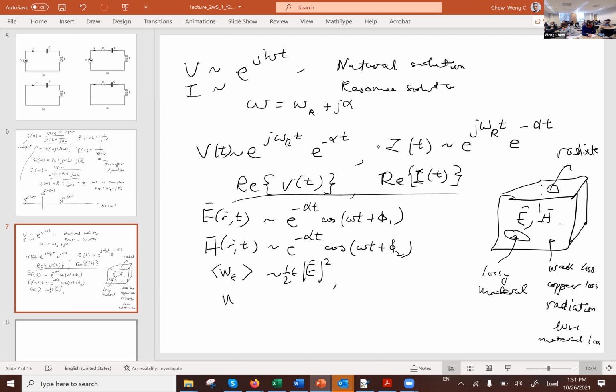Okay, and then the magnetic field stored energy is proportional to half mu H squared. These are in the time domain. Okay, these are in the time domain.